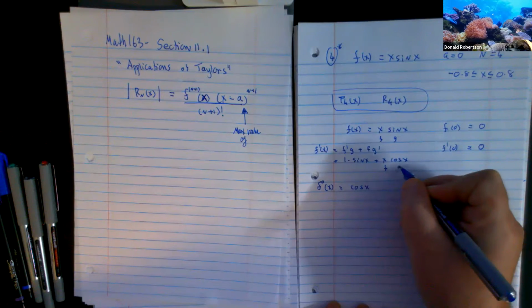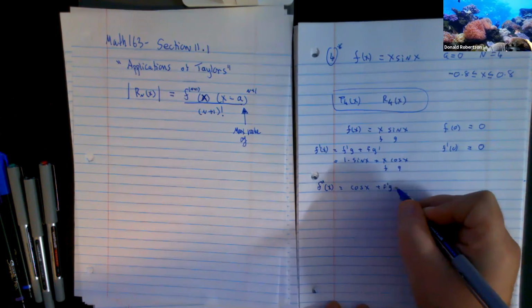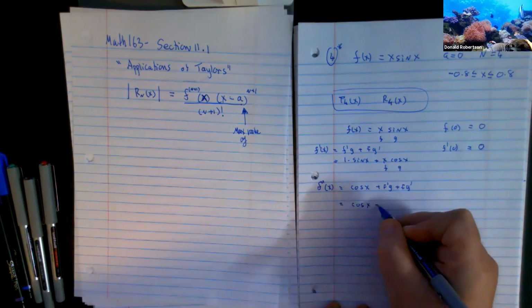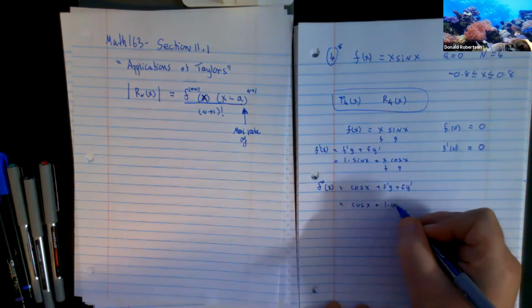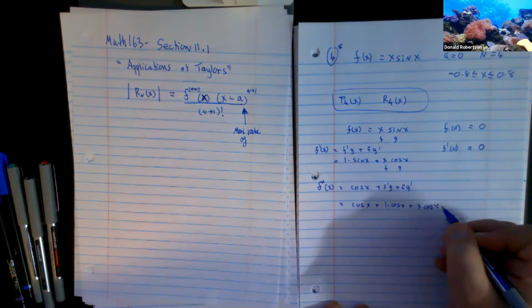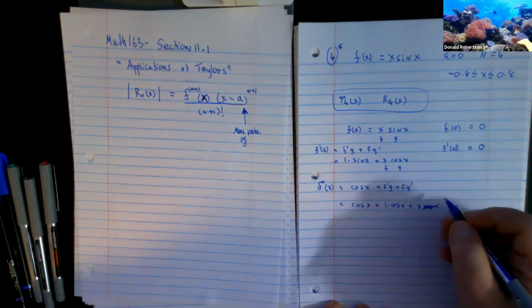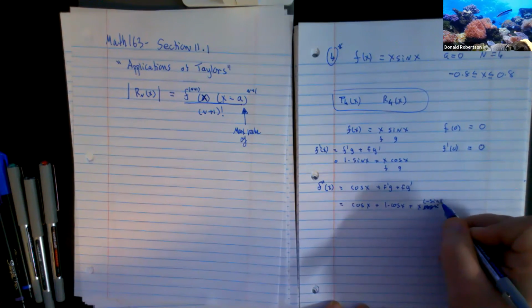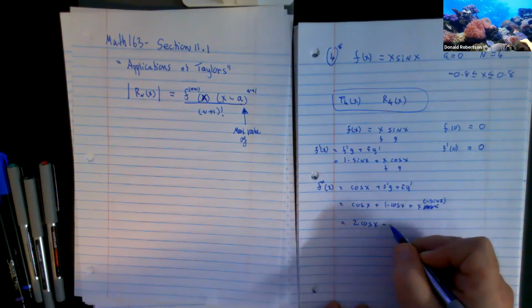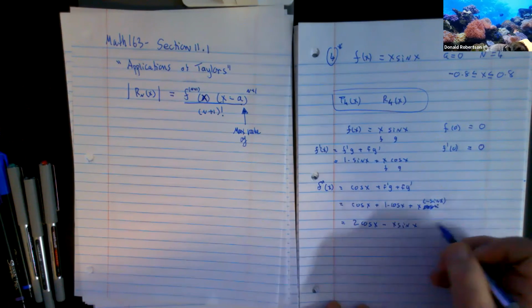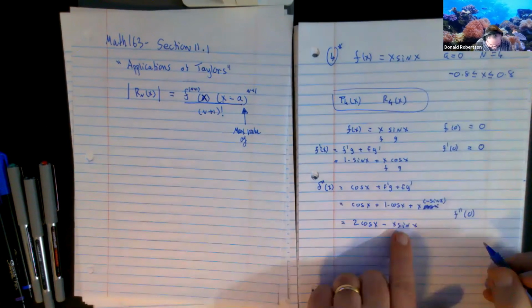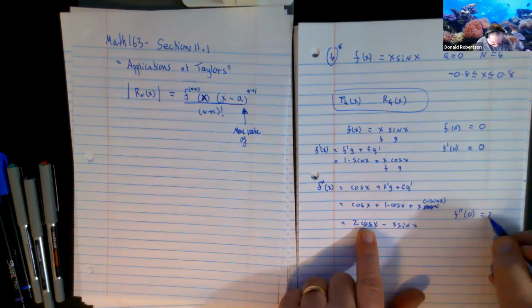This guy's going to need a product rule. So what do I get? I get 2 cosine x's, take away an x sine x. And the second derivative evaluated at 0 is 2.